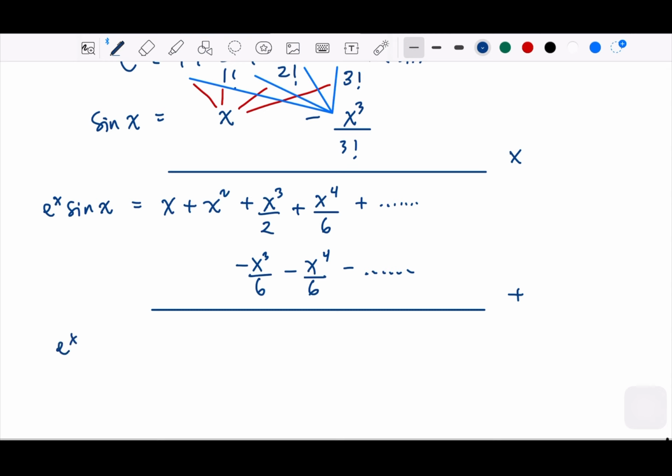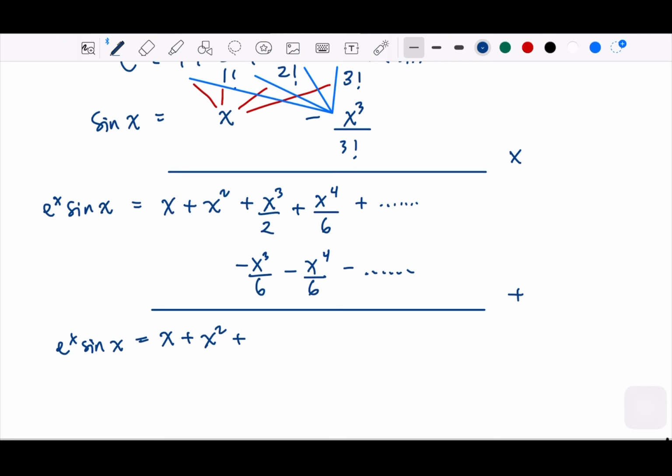So e to the x sine x is x plus x squared, and then the x cubed, half minus 1 over 6. There will be 3 over 6. 3 over 6 minus 1 over 6 is 2 over 6, so it's 1 over 3.